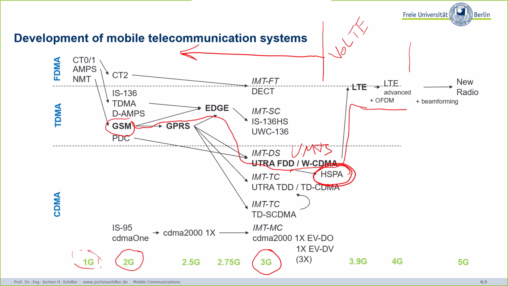So that means in some areas and for some providers and some devices, it might be the case that either the network, the provider, or the device is not able to transmit your voice data over LTE. And that means the phone automatically falls back to 3G or 2G, because there you have the circuit switched voice calls.